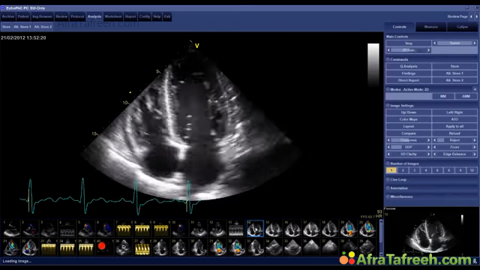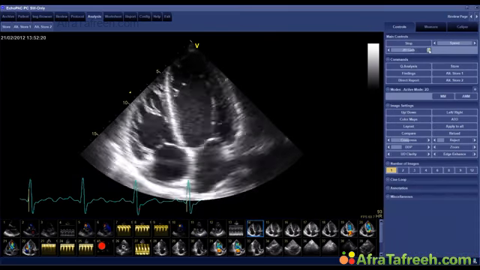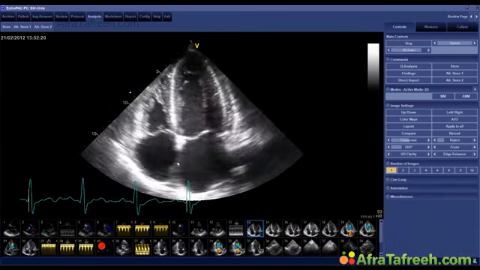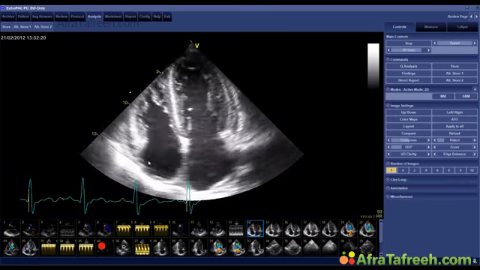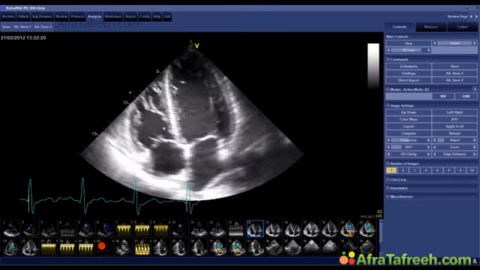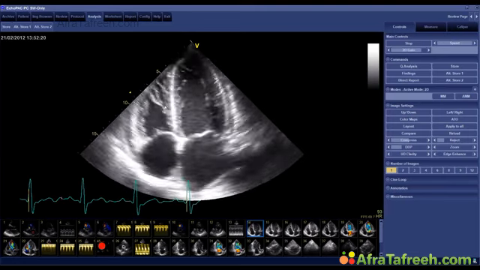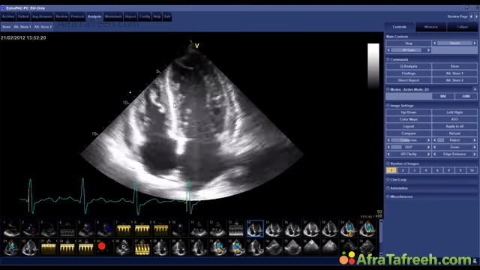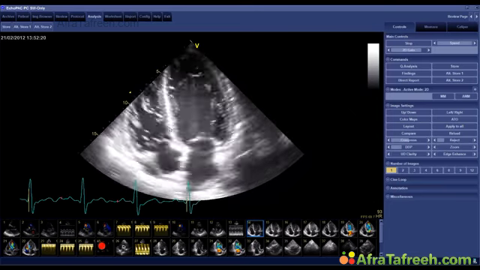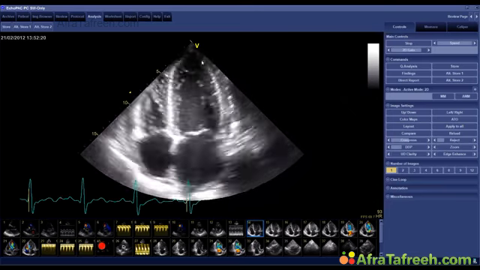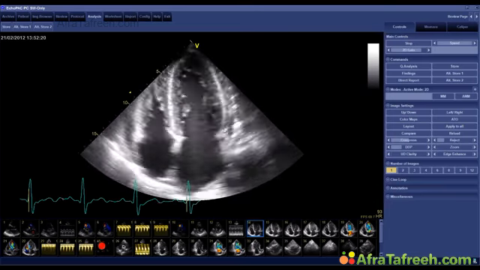Okay. This is the four-chamber view. Left atrium, right atrium. Here's the right ventricle. You can see the moderator band here. This is the septum with a very bright echo at the middle of the septum. This is the lateral wall here.